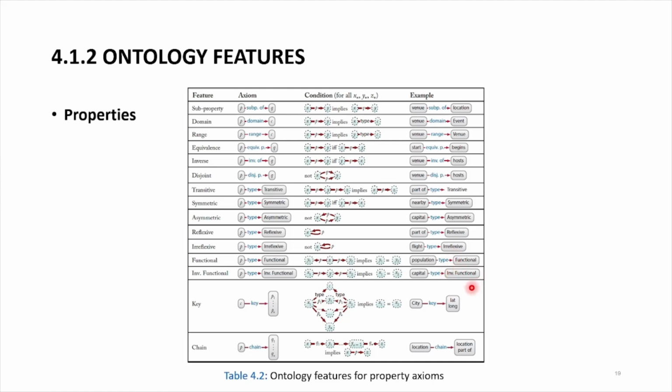We may further define a key for a class, denoting the set of properties whose values uniquely identify the entities of that class. Without adopting a unique name assumption, from these latter three features we may conclude that two or more terms refer to the same entity. Finally, we can relate a property to a chain, such that pairs of entities related by the chain are also related by the given property.